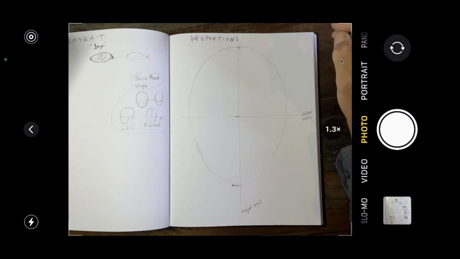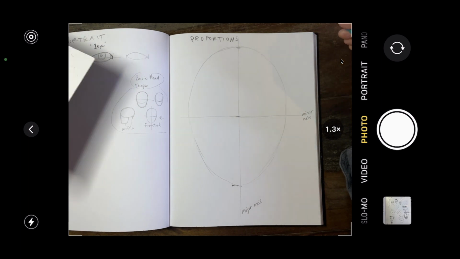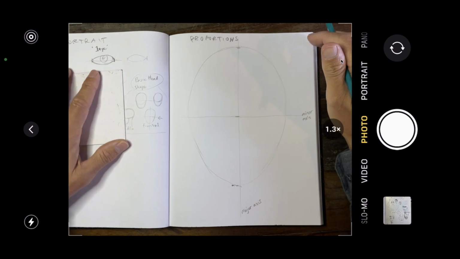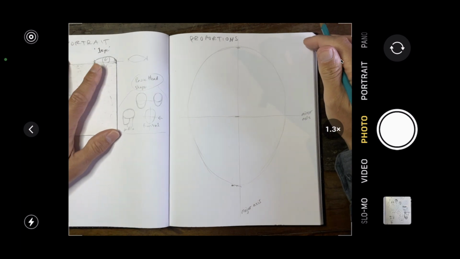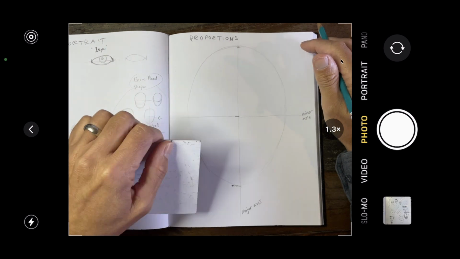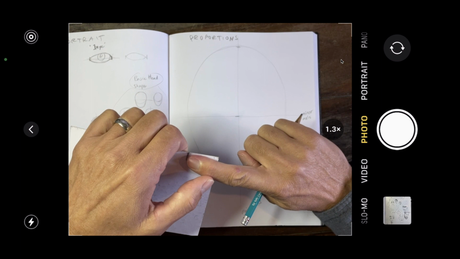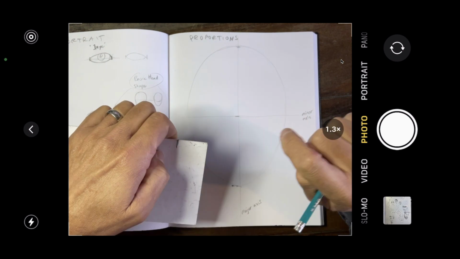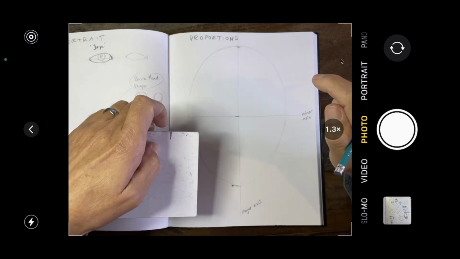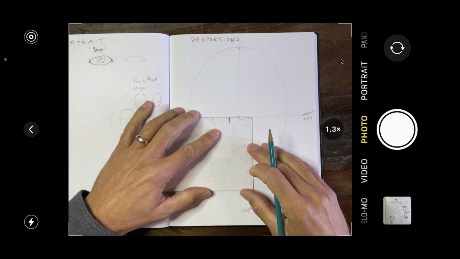Okay. And now we're going to start placing features on the face. Okay. Now, if you remember, the unit of measurement is 1 eye. I'm using my viewfinder card now. All right. I made this distance of one finger digit, excuse me, one of your joints right there. And what I want to do is place this right across the middle.